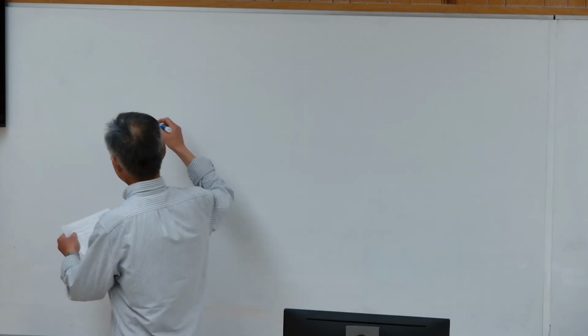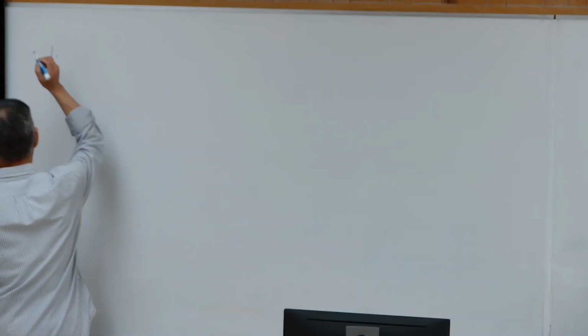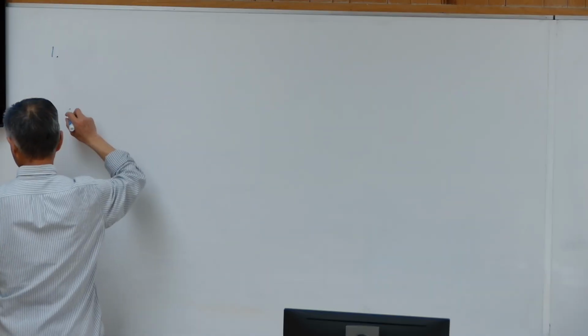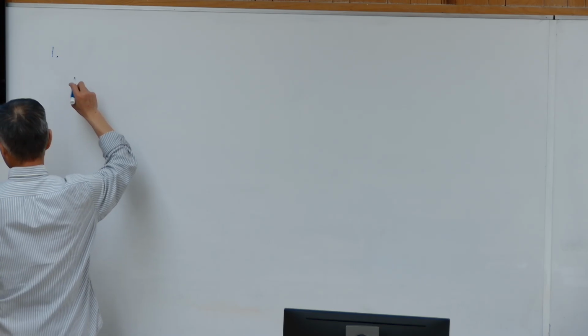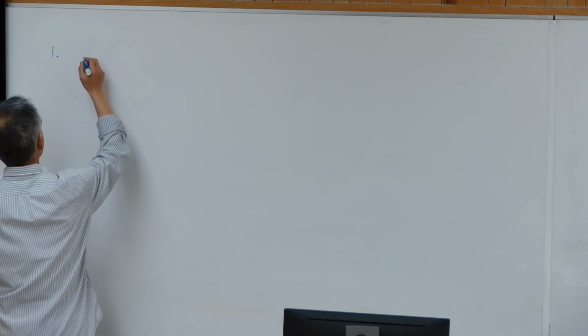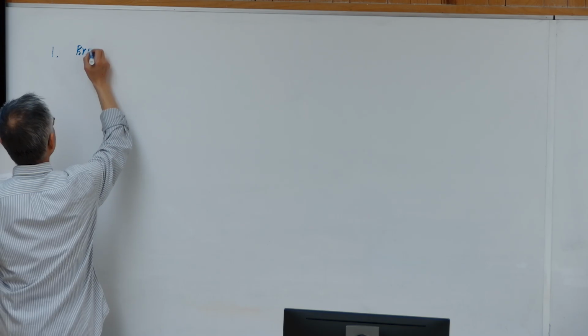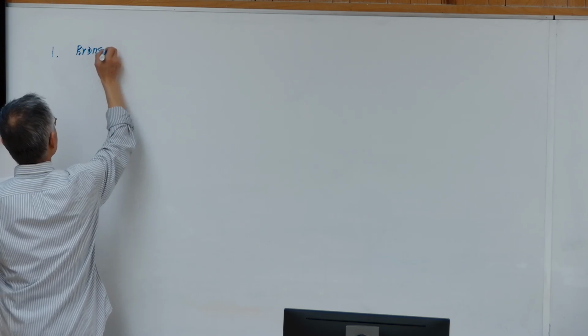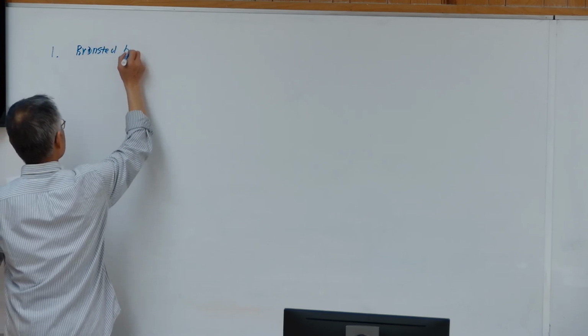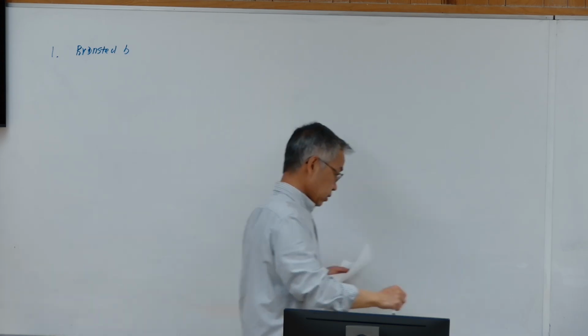So question 1. It asks which one of the following species is a Bronsted acid. Bronsted acid.